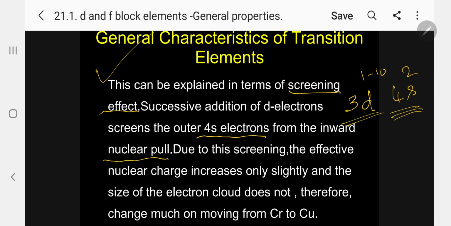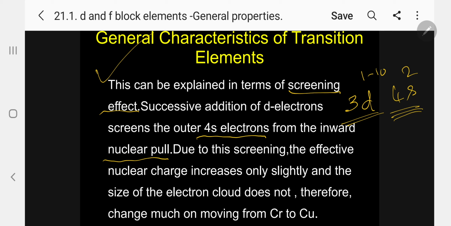So when we are filling up electrons in the first transition series, actually it is filled only in d 1 to 10. So what is happening now? It is protecting the 4s2 electron. Screens the outer 4s electron from the inward nuclear pull. Inside the nucleus, that is proton, which is pulling the electronic cloud.